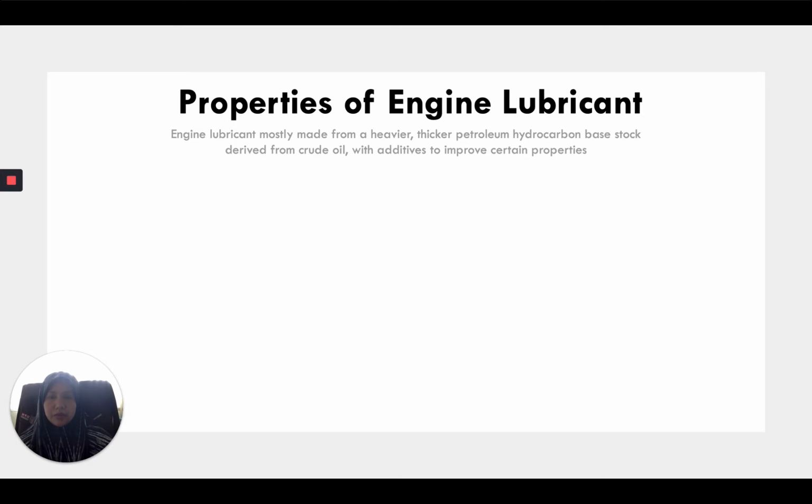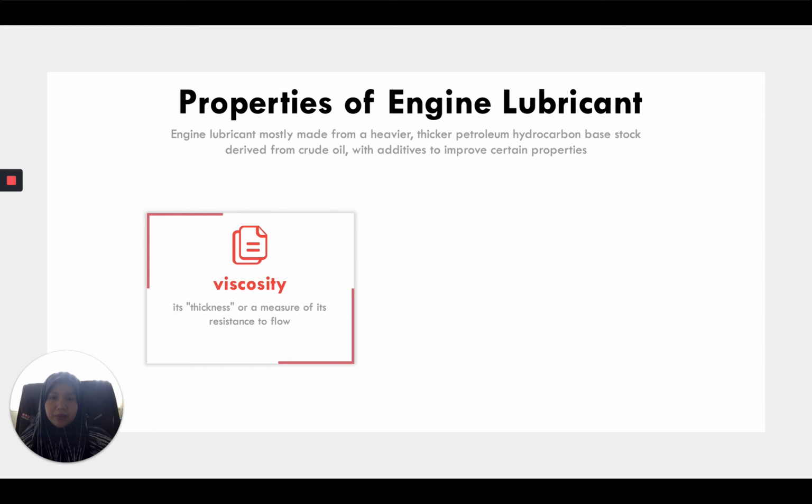Most motor oils are made from heavier, thicker petroleum hydrocarbon-based stock derived from crude oil with additives to improve certain properties so that the function of the engine will be at optimum state. And it will depend on the viscosity. The viscosity of a liquid can be thought of as its thickness or a measure of its resistance to flow.